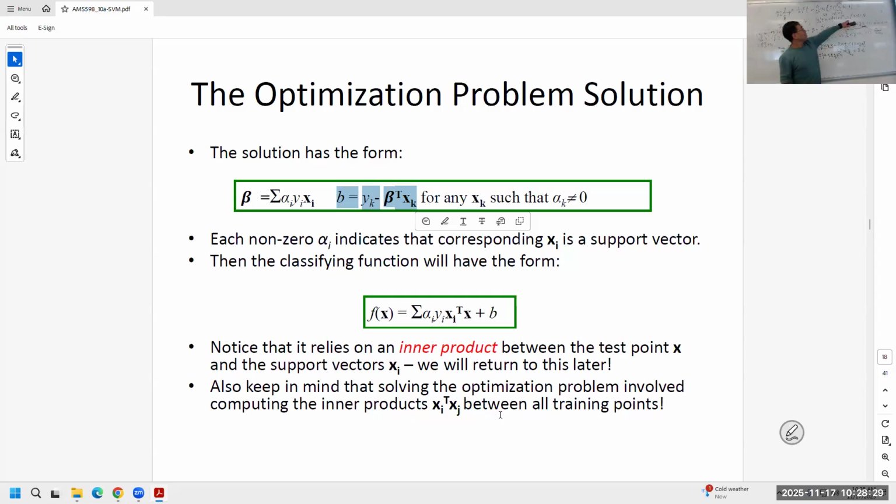So b is just equal to yi minus beta transpose xi. Okay, I should use k because that is the notation in the slide.